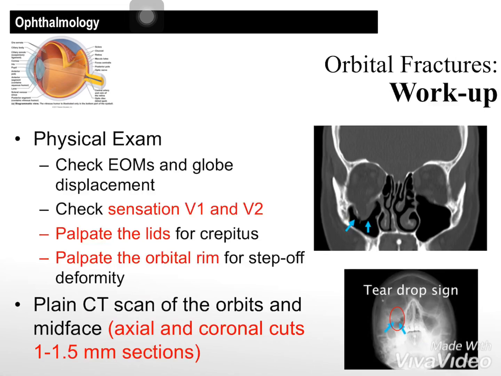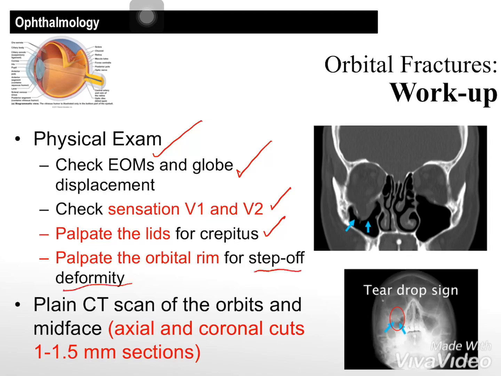So you check for EOMs, extraocular movement, globe displacement, and check for sensation of the V1 and V2. Palpate for subcutaneous emphysema, and palpate the orbital rim to check for discontinuity of the rim. This is your step of deformity.